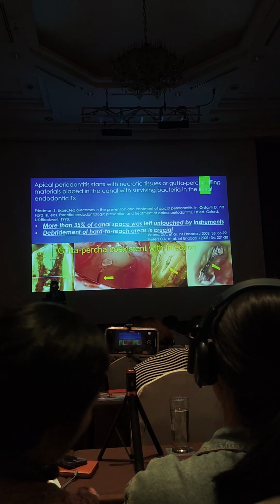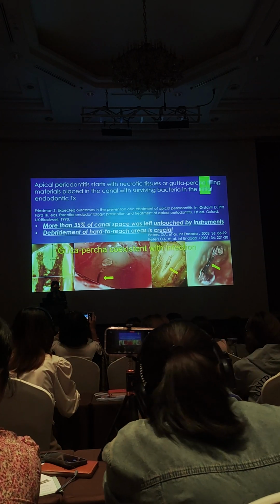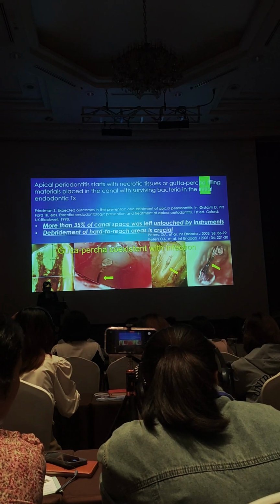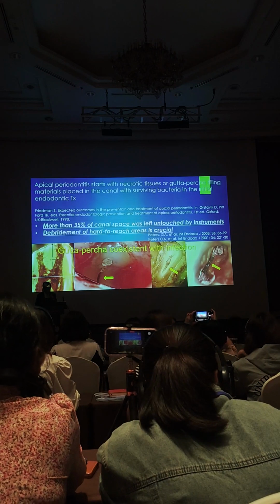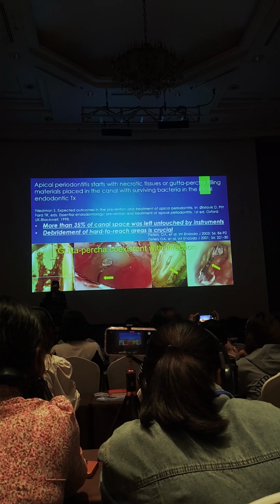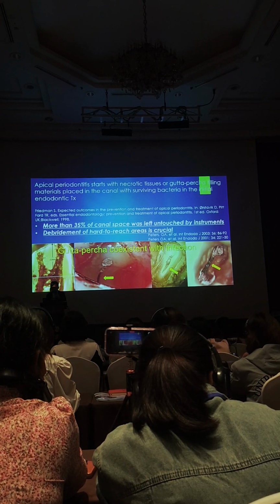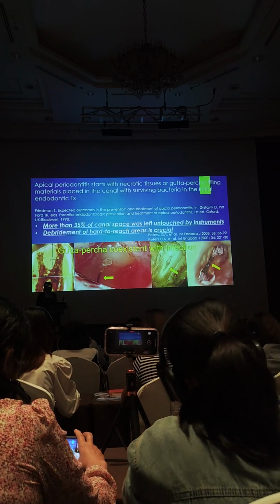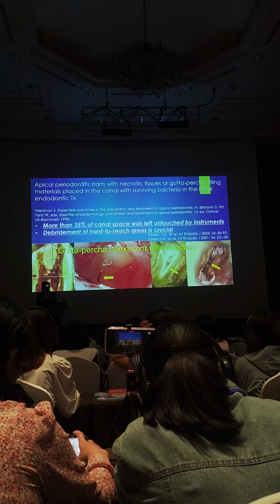Apical periodontitis starts with necrotic pulp tissues, or gutta-percha fillings placed in the root canal with surviving bacteria in the initial endodontic treatment. According to the study here, more than 35% of the root canal space was left untouched by the instrument that you use. Debridement of those small anatomical spaces is crucial.